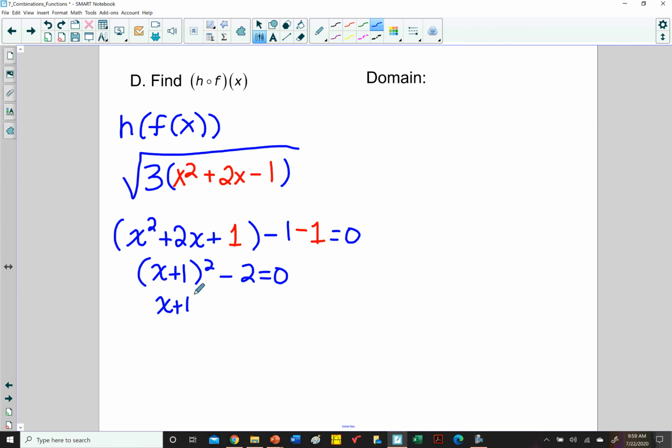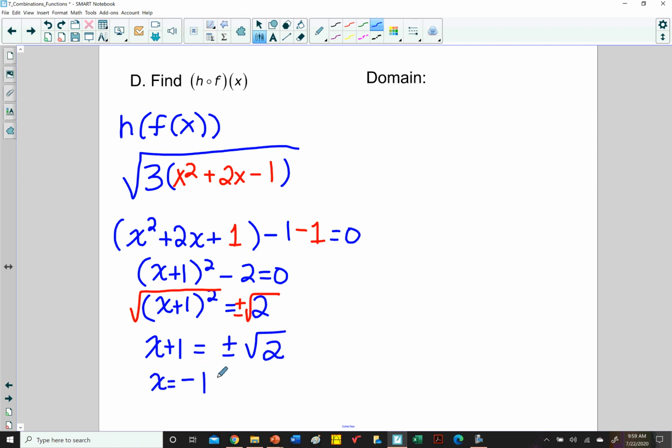So x plus 1 quantity squared is equal to 2. When we take the square root of both sides, you've also got to consider plus and minus. So x plus 1 is equal to plus or minus the square root of 2. And subtracting 1, x equals -1 plus or minus the square root of 2.